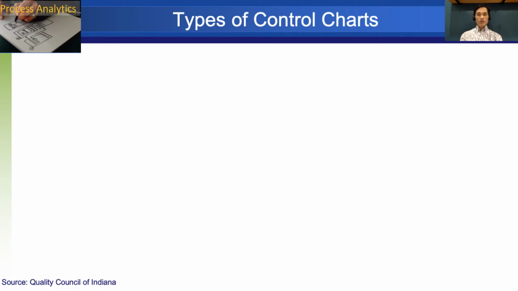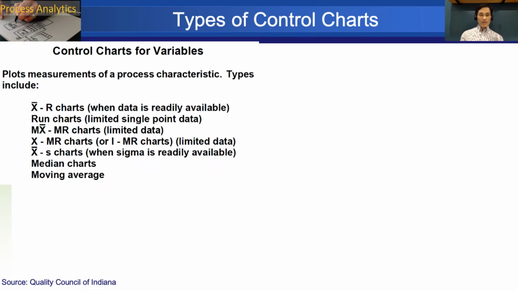Types of control charts. There are many types of control charts depending on the nature of variables or attributes. The X-bar R chart is one of the most well-known charts. When data is readily available, we use that. Run charts are used when the data is limited and only has single point data.